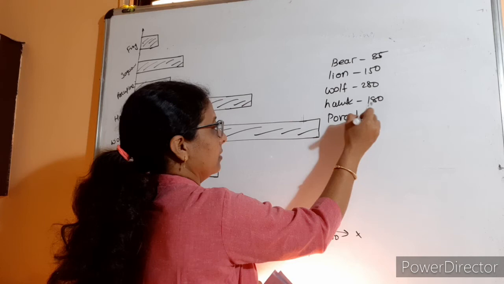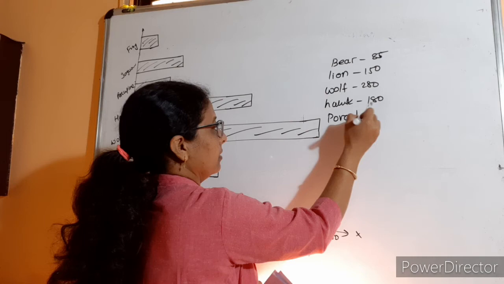Then the hawk gets between 175 and 200. Sorry, it is 175 and 200. The porcupine is between 50 and 75.